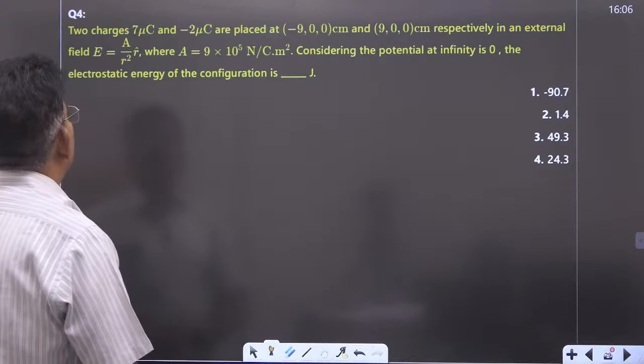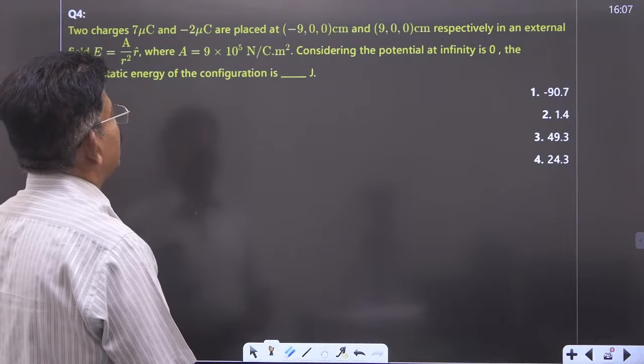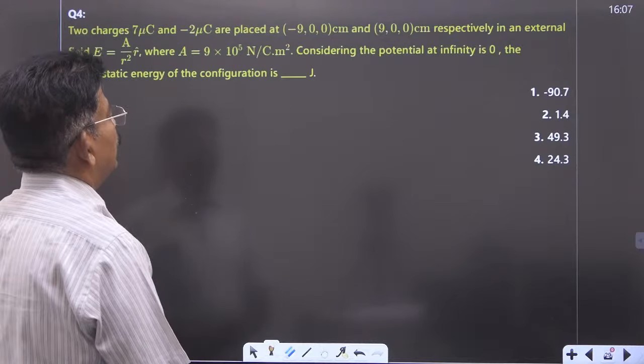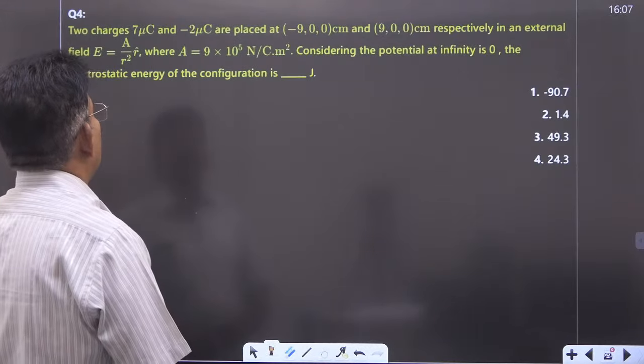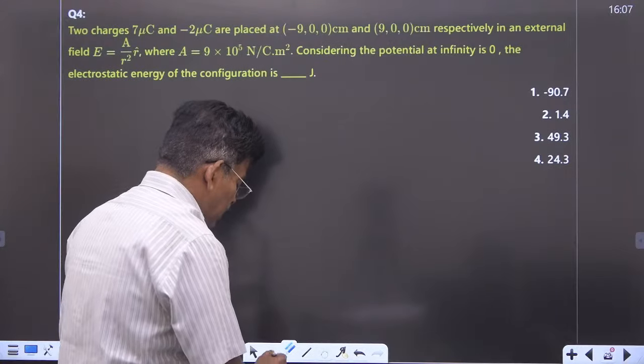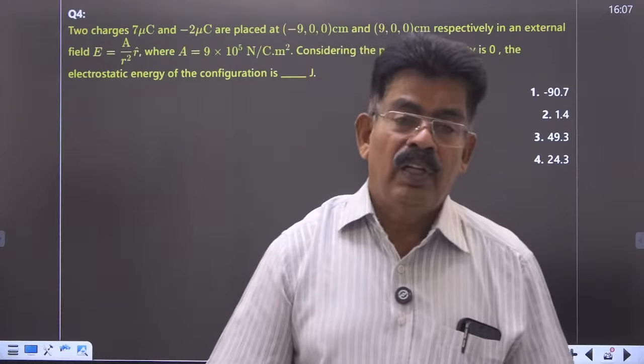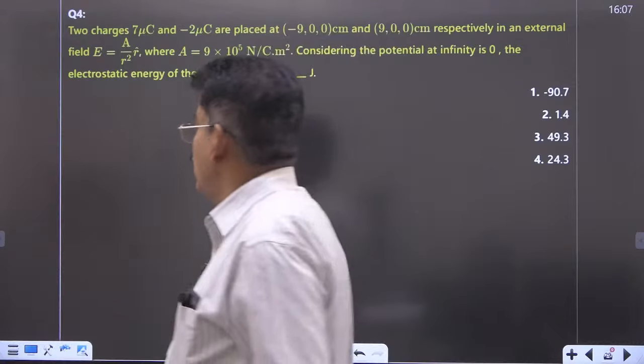Then, two charges, 7 microcoulombs and minus 2 microcoulombs, are placed at minus 2 centimeter respectively. Here, the principle we are using is charges kept in an external field.